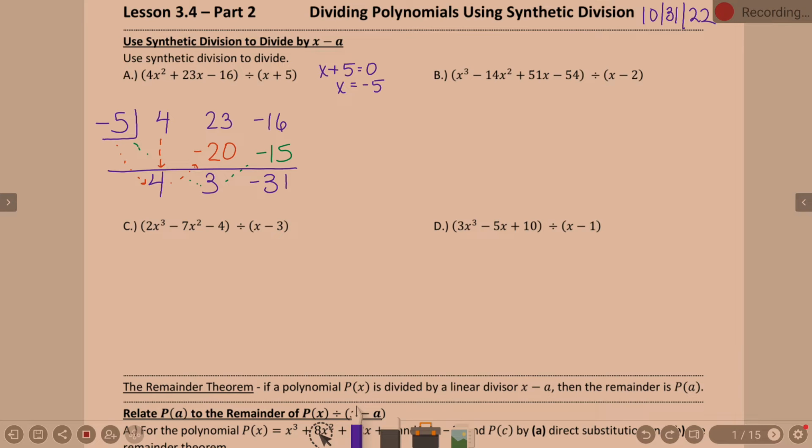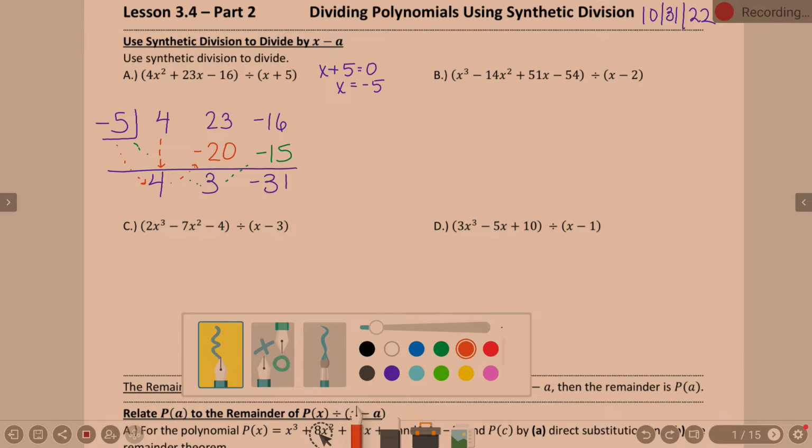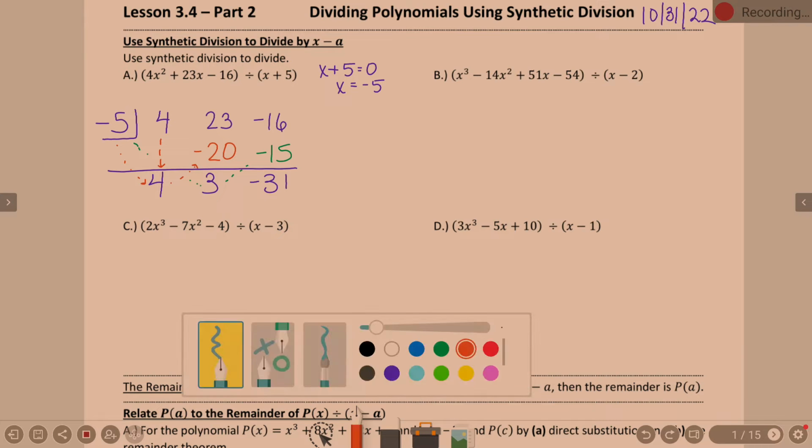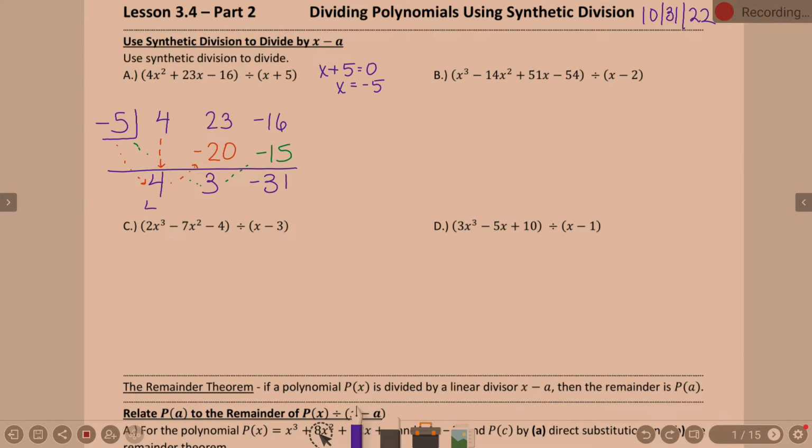So the idea here is that after the 4 is going to be an x to the first. I don't like how I put that. I would prefer to have it, well, we'll squeeze it in. So right here we have 4x to the first. This is a positive 3, so plus 3. Well, what comes after an x to the first?